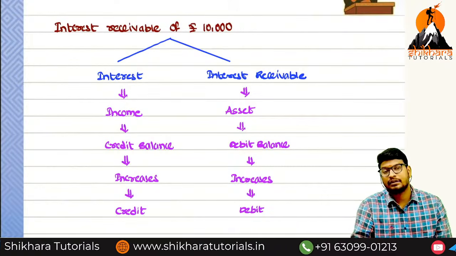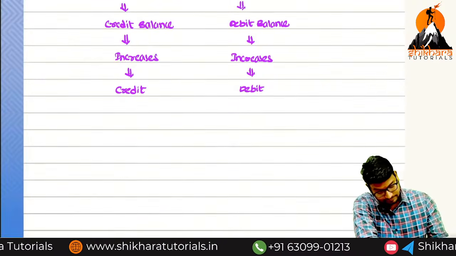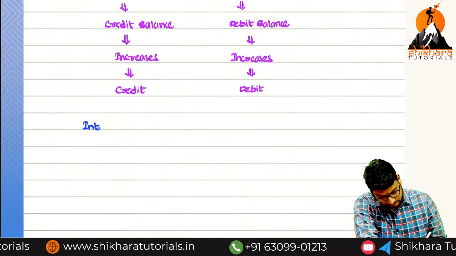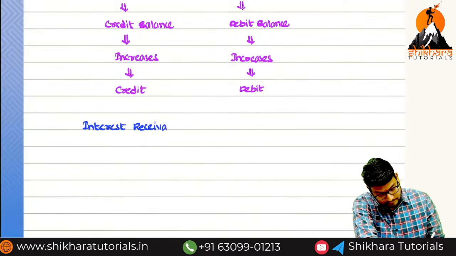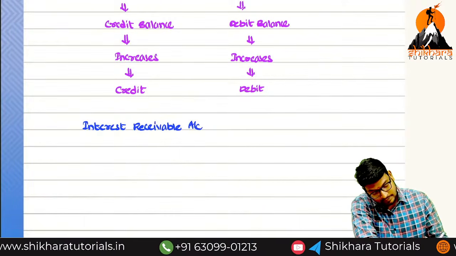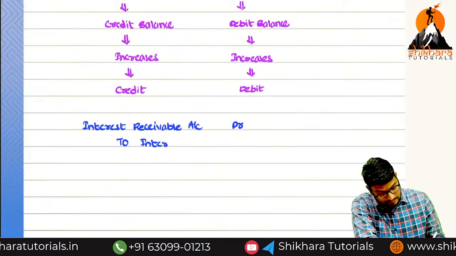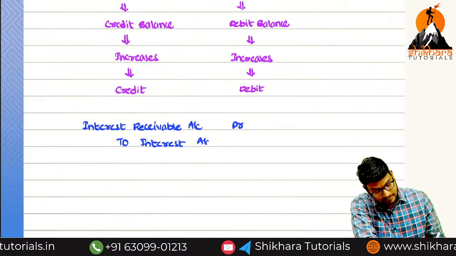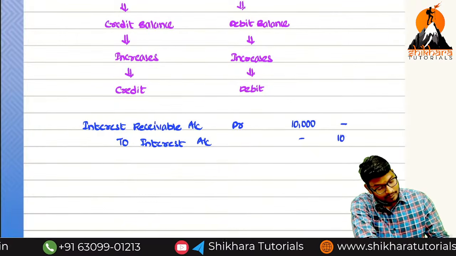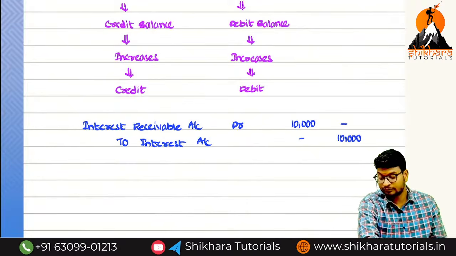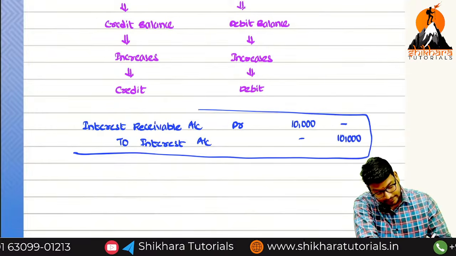Interest receivable account debited to interest account. How much? 10,000 and 10,000.